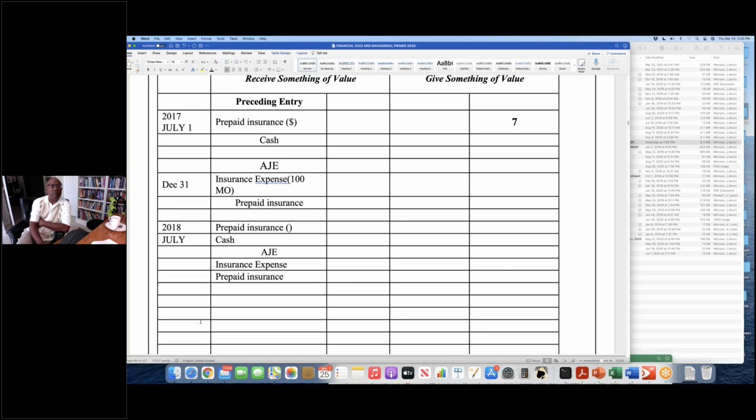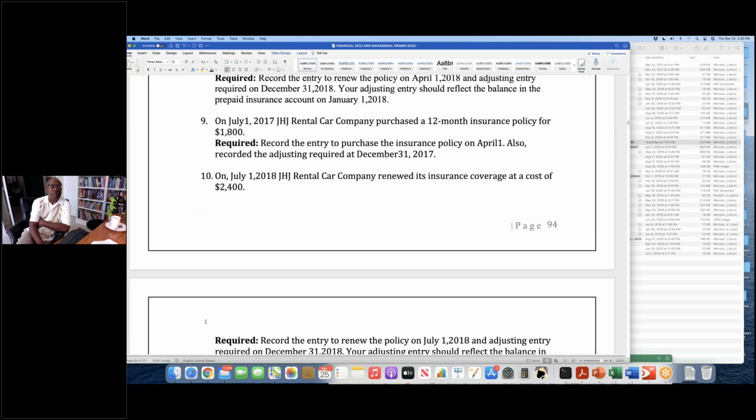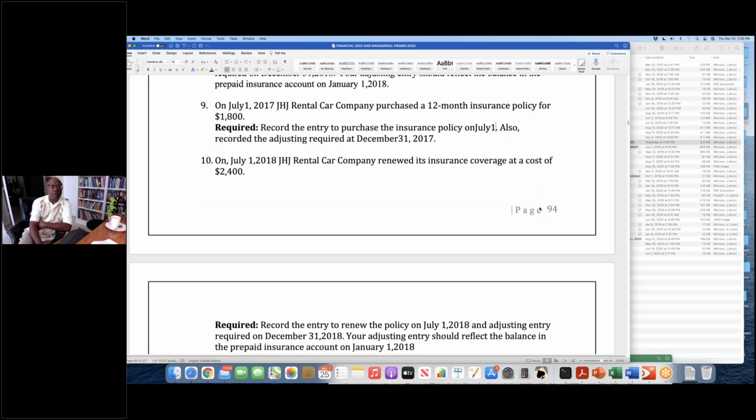We're now at July 1st. See if you got your screenshot now of this information.